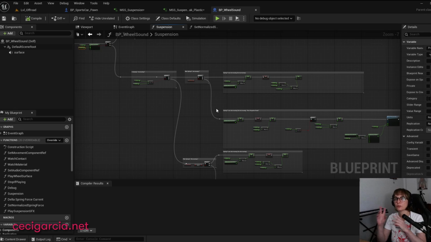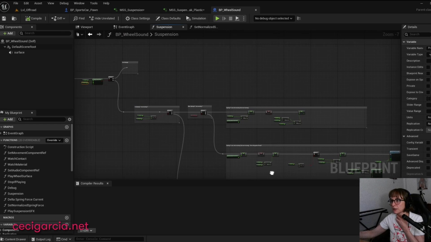I'm also considering it a negative peak only if the spring force is a negative value, because it could be a positive value and decreasing, but in those cases I'm not considering it as a peak. And also, if it was increasing and now it's not increasing anymore, that's a positive peak if it's a positive spring force value.